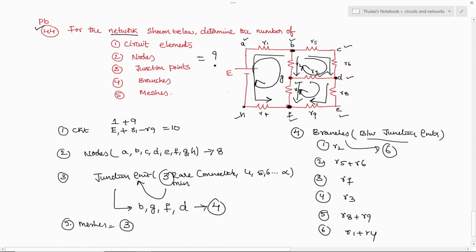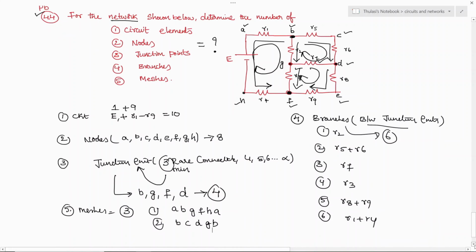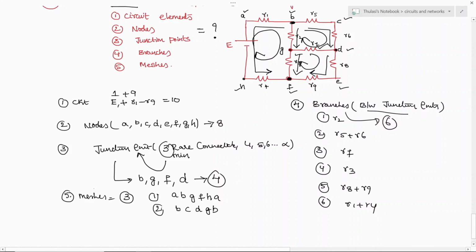Mesh 1 is connected between the nodes A, B, G, F, H, A. The second mesh is B, C, D, G, B. For the third mesh, a closed path, start with G, G, D, E, F, G is another mesh. So we identified 3 meshes.